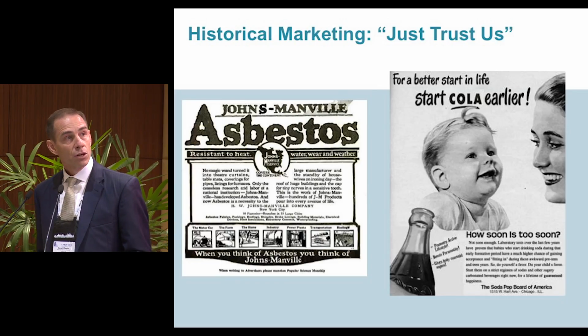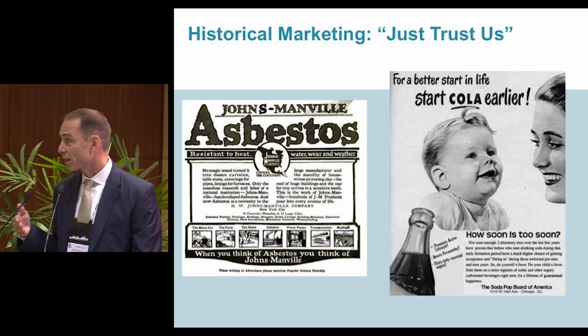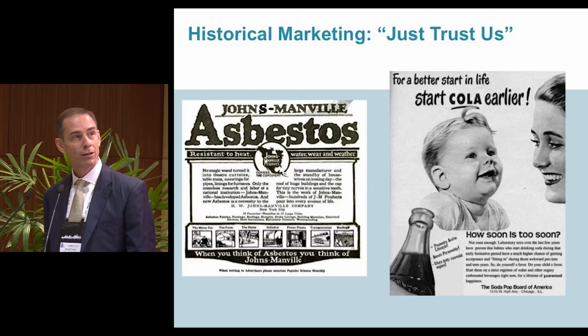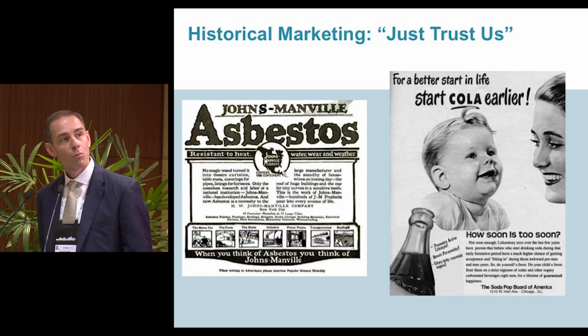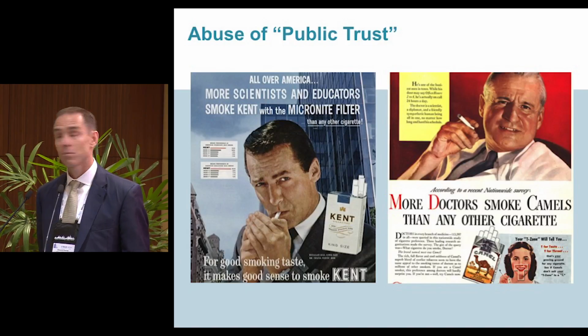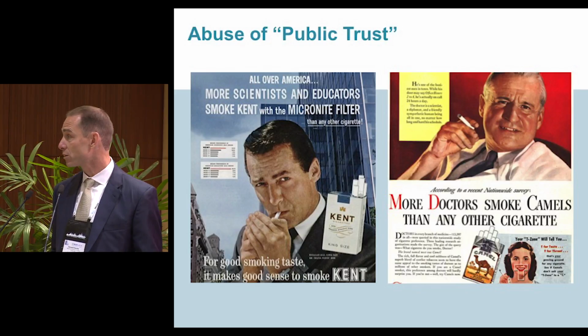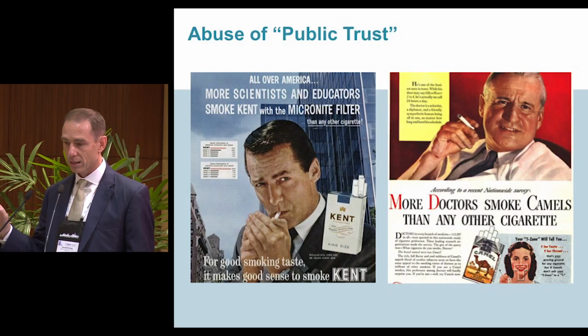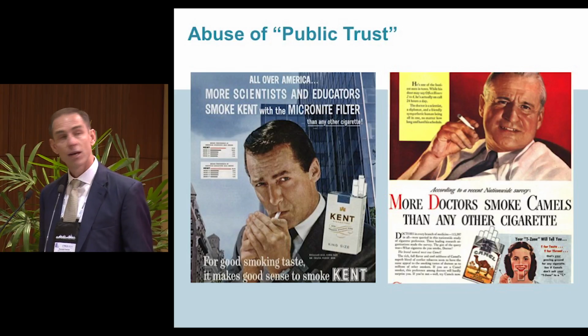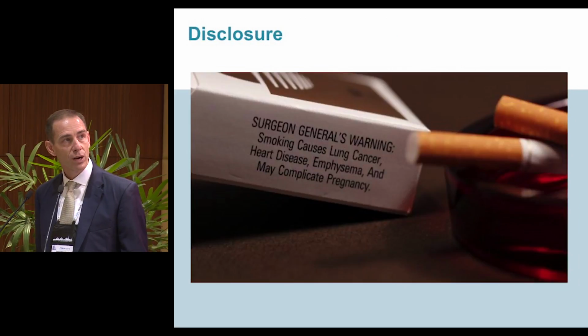So if I look just in the US as an example, historical marketing, the message was, just trust us. Well, we're going to take care of you. But abuse of the public trust, frankly, leads to suspicion, leads to people not believing what's happening. And once you've created that distrust, it's very hard to get it back. And so I'm using the tobacco industry as an example right here.